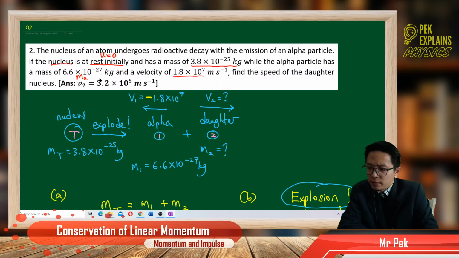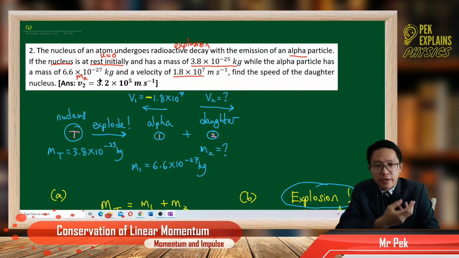This alpha is born after the explosion, isn't it? Because after the decay, we can say this decay is something like an explosion. After the explosion, we have the alpha. So this alpha is born after the explosion, so this is actually the final velocity of the alpha.